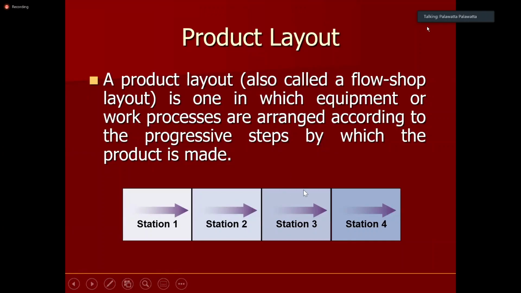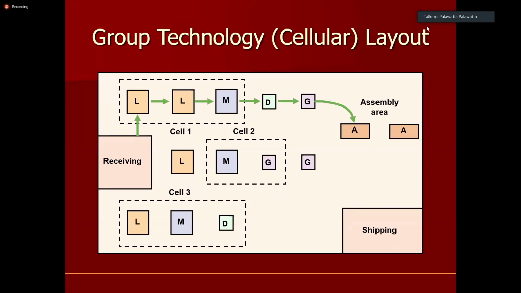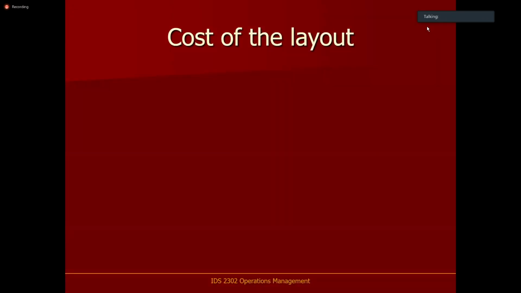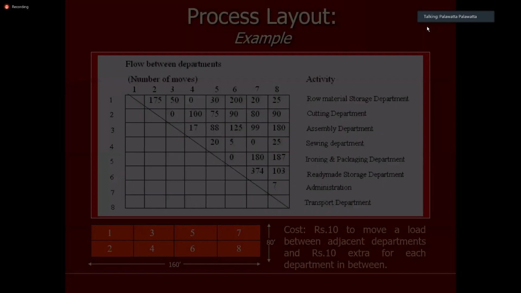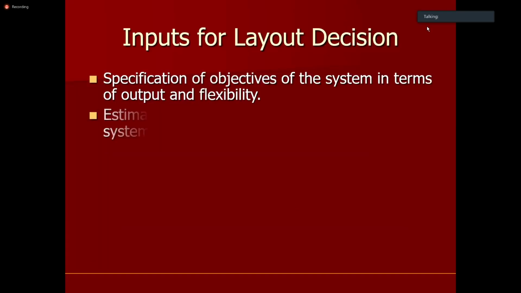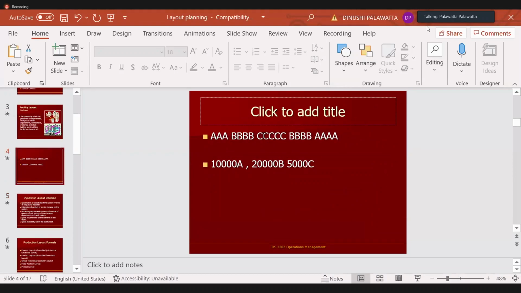Let's say the group technology layout example, practically Toyota is doing it. Toyota is doing group technology layout so that they have arranged their production this way.